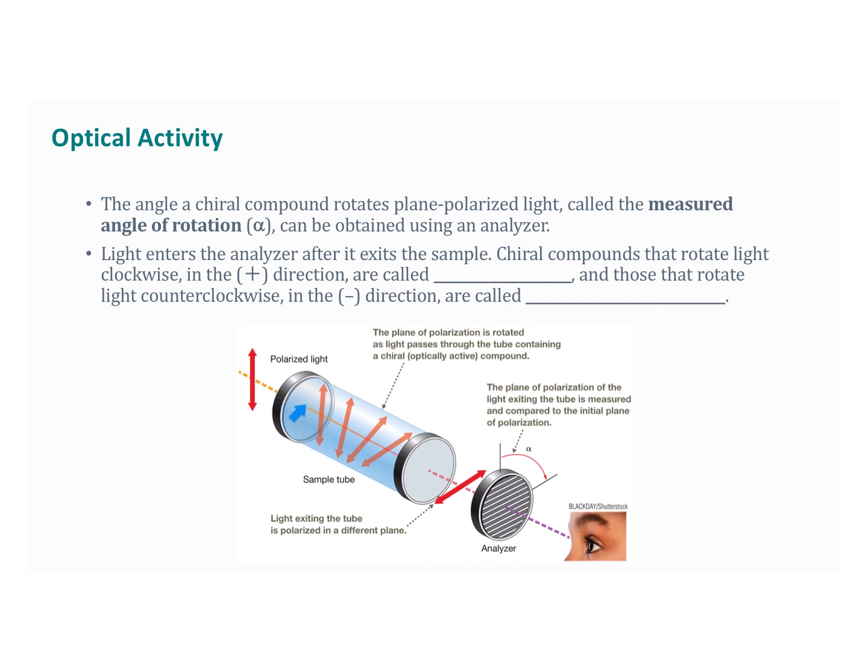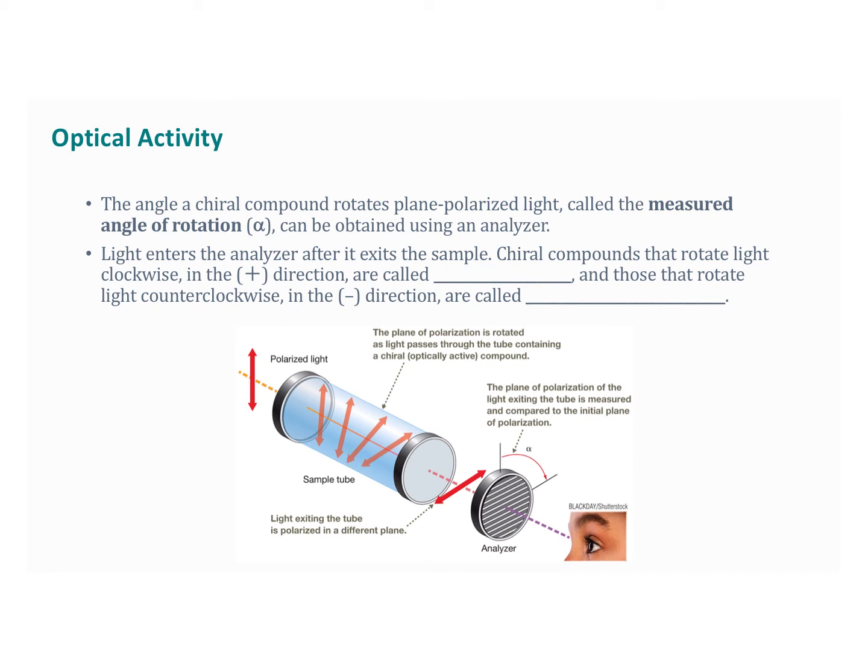The plane polarized light is rotated as it passes through a tube containing the chiral, optically active compound, and then the plane of polarization of the light exiting the tube is measured and compared to the initial polarization. That's alpha, and that tells us which way it rotates.